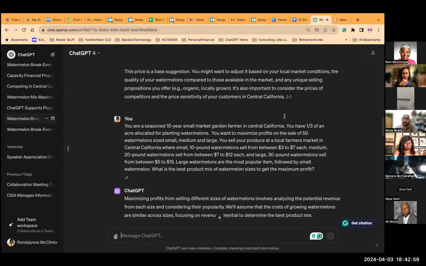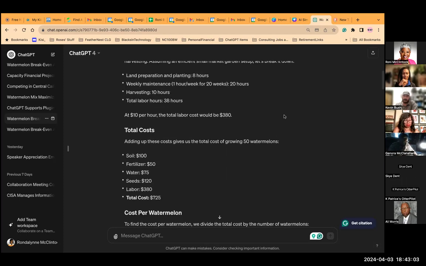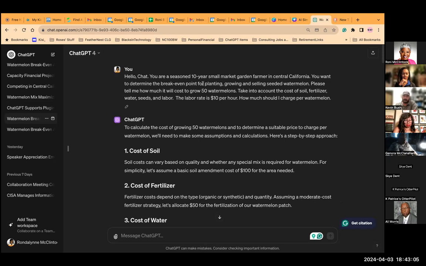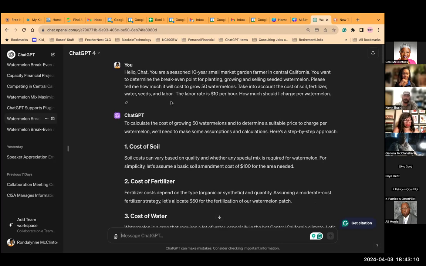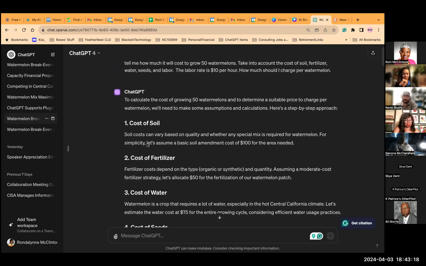This is for my product mix. And I just put in more detailed information. Actually, this is a nice one. I put that same one in earlier. Take into account cost of soil and water. And it's interesting because I used this very same ChatGPT, I put in this prompt, and it gave me a different look to the breakdown.